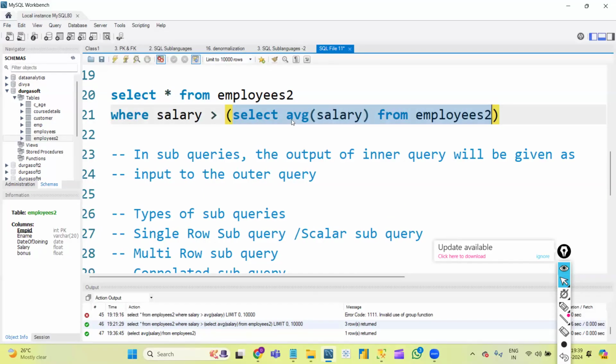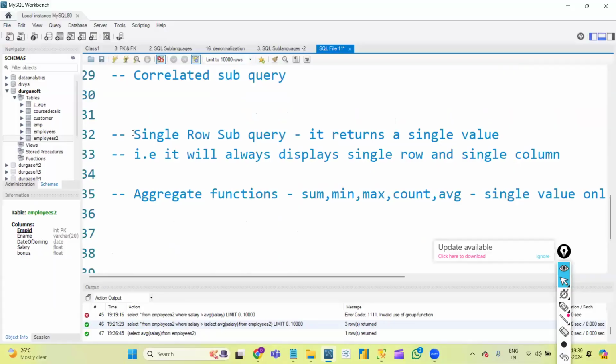Not only average, whenever we use any aggregate function, maybe minimum, maximum, count, sum, it will display single values only. So whenever we use aggregate functions in the subquery, this complete subquery will be considered a single row subquery. Okay, am I clear?